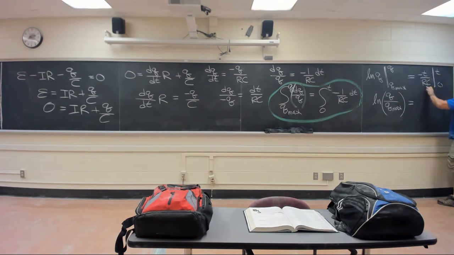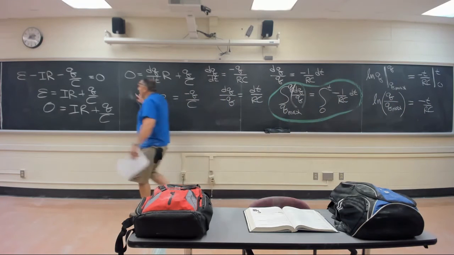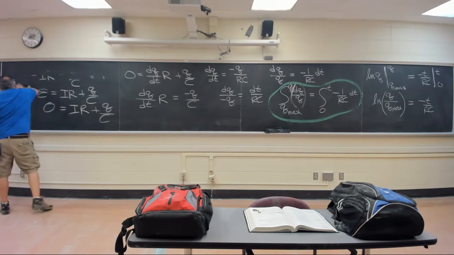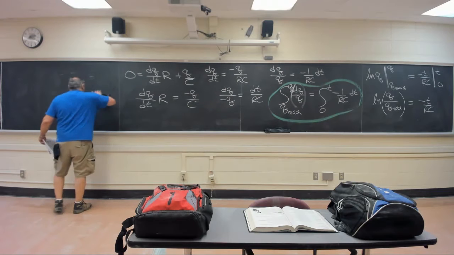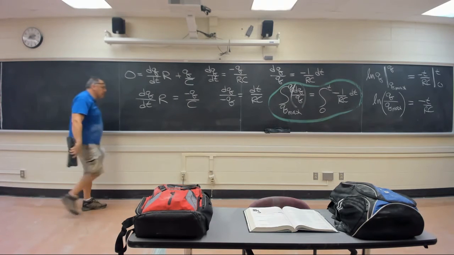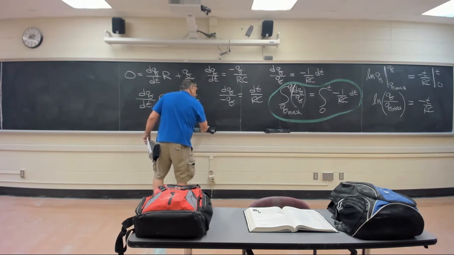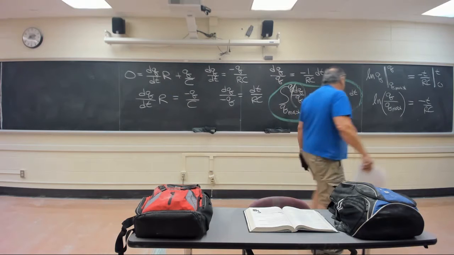That's negative t over RC. The lower limit is just 0, so negative t over RC minus 0 is just this. Let's exponentiate both sides.